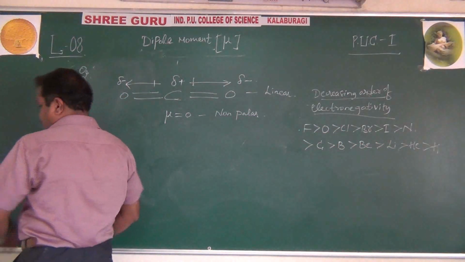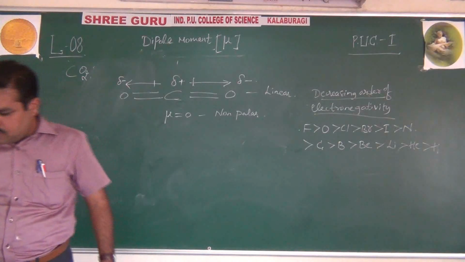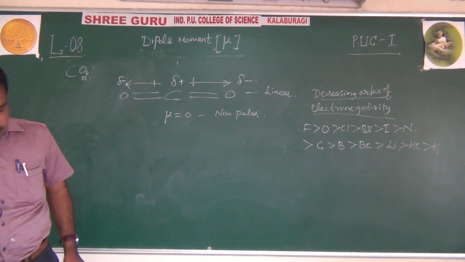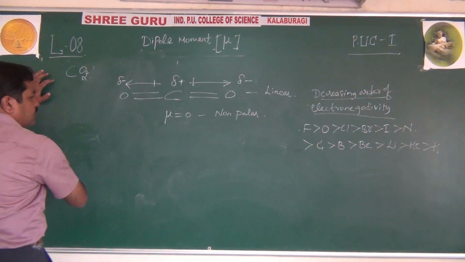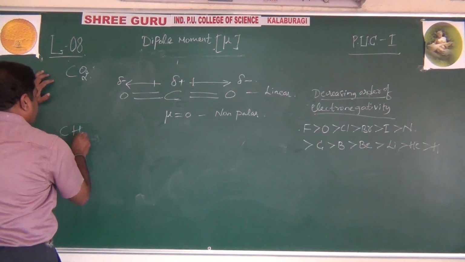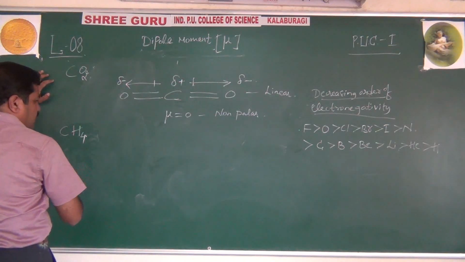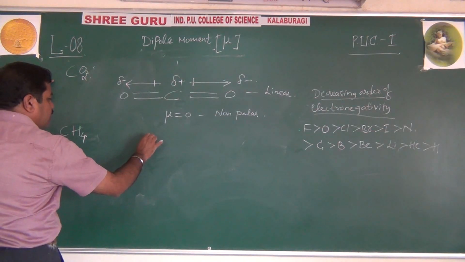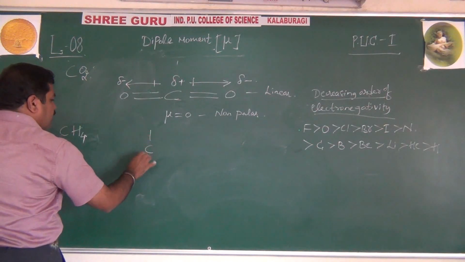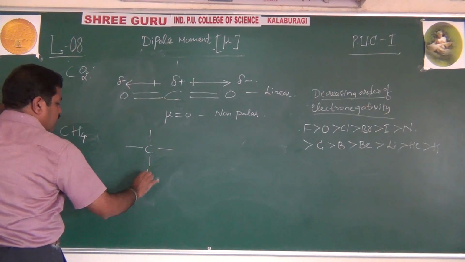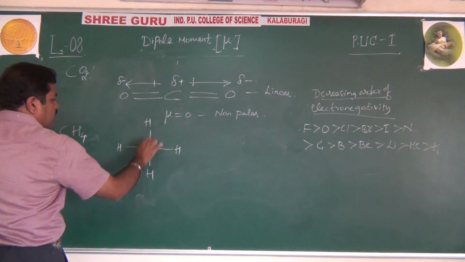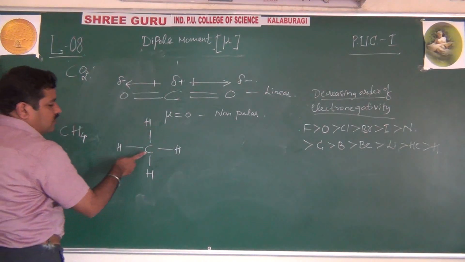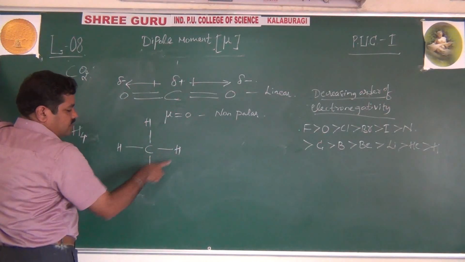Okay, now after carbon dioxide, let us go for another example, where there is symmetry of the molecule, like methane, CH4. See, CH4 we can write like this. Methane. See, carbon is more electronegative than hydrogen.